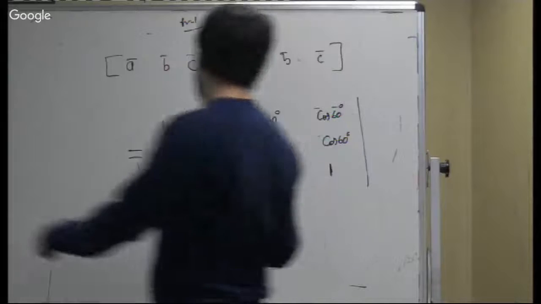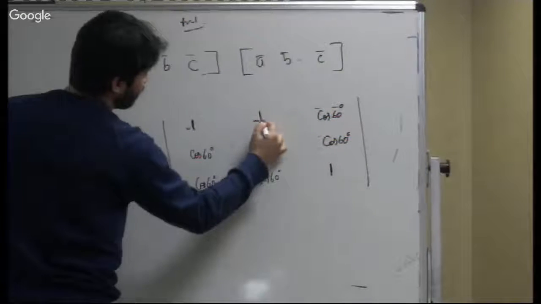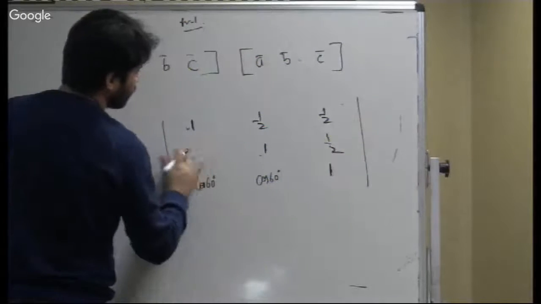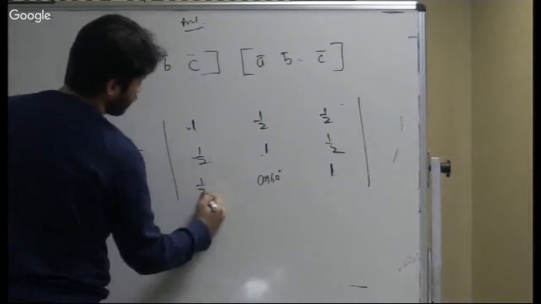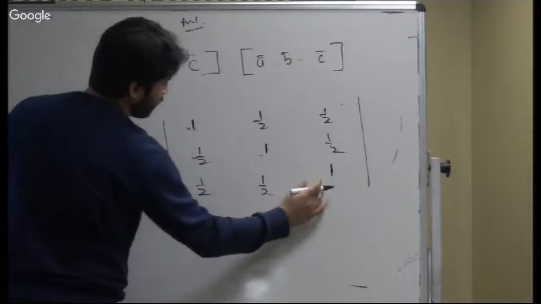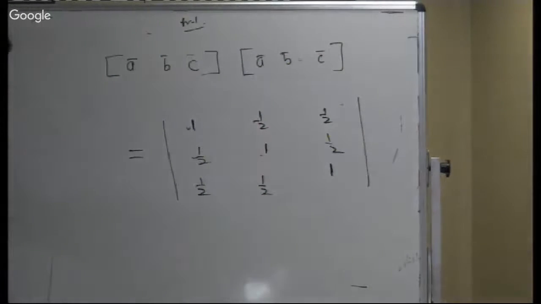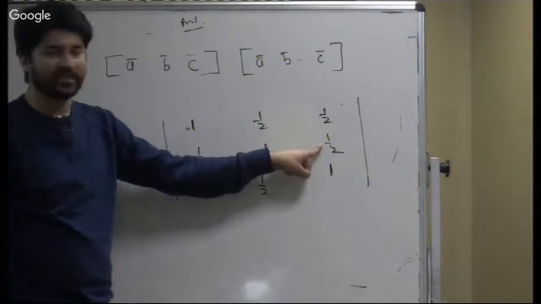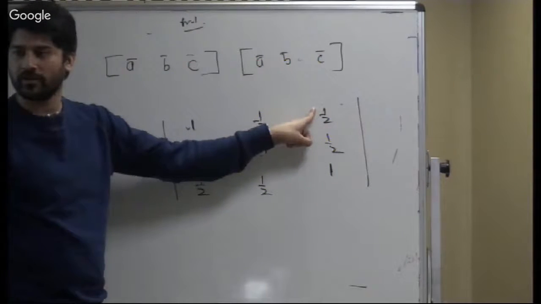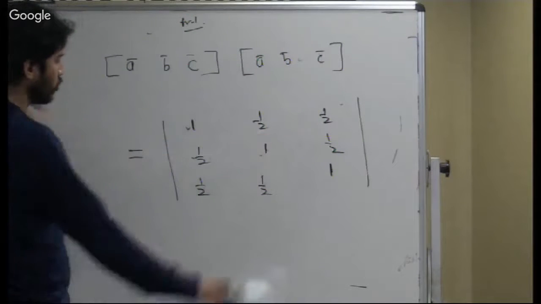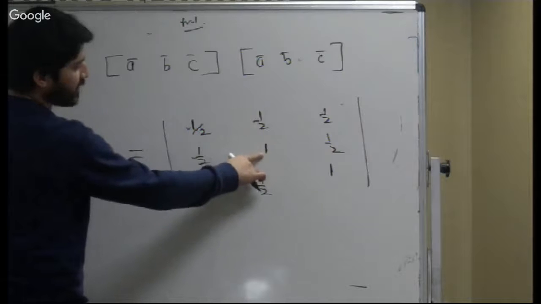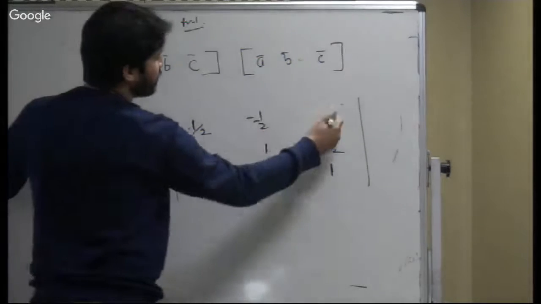Just see what we are getting. Cos 60 can be replaced by half, half, half, half, half, half. That's it. Up to here there is no issue. We can also calculate directly like this, and I can see half minus half, so we can make it zero. It is better to make it zero. So 1 minus half turns out to be half, and half minus 1 turns out to be minus half.